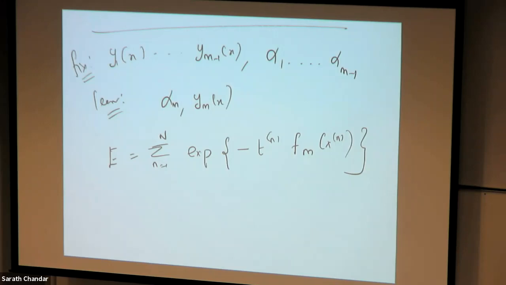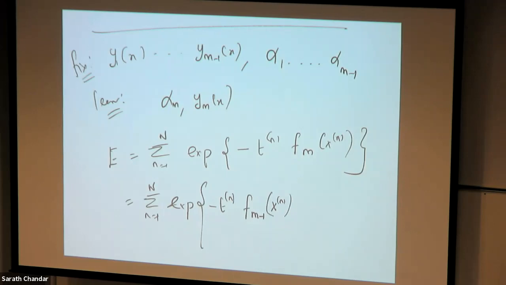Now this contains m minus 1 classifiers and the final classifier. I can actually decompose this error function. The way in which I'm going to decompose this is summation over n equal to 1 to capital N, exp of minus t of n, f m minus 1 of x of n.